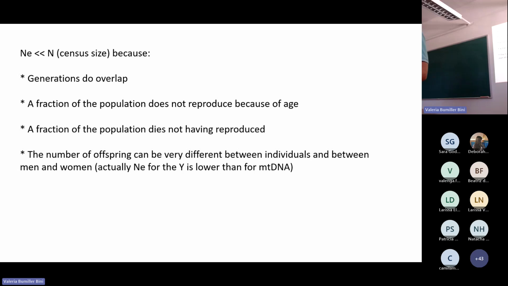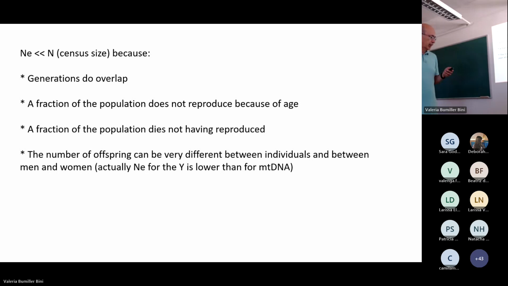Another way of saying this, or what compounds this, is that there's a relatively narrow window of age in which we humans reproduce. There are people in the population who are too young to reproduce or too old to reproduce. And these should not be counted towards these random effects.